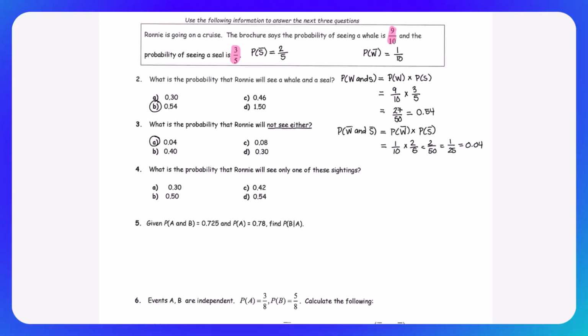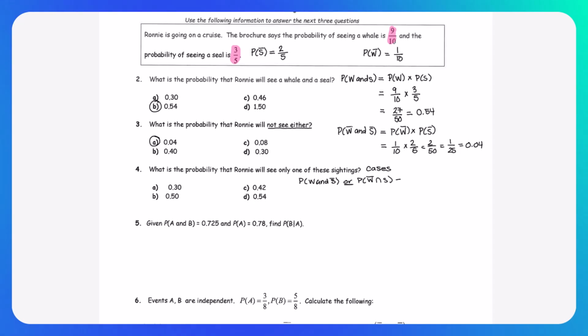So in other words, we have to say, what is the probability of a whale and no seal, or the probability of no whale and a seal? Now, that or there, as I mentioned at the beginning, means we need to add these cases. So we have 2 cases, and we have to add these 2 cases together.